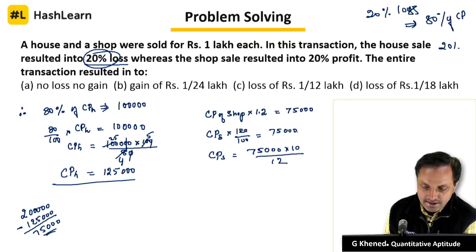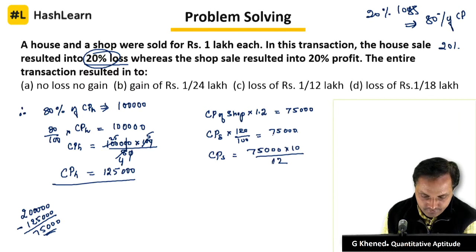So if you do the simplification, what happens? 3 4s are 12, 3 2s are 6, 3 5s are 15.